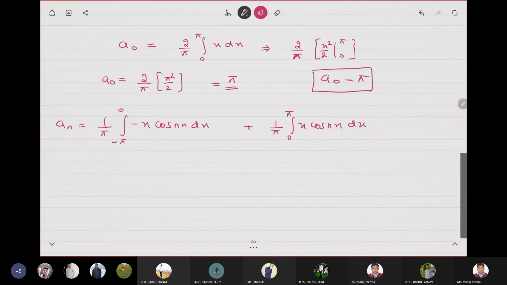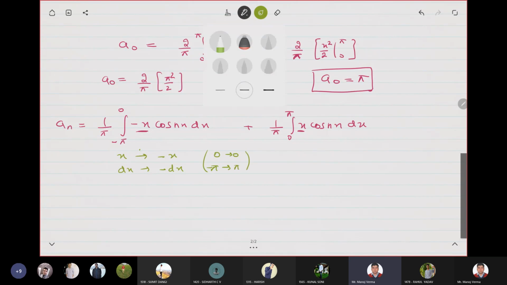The function has value minus x in this range and plus x in the range 0 to pi. Again, I will convert x into minus x in this first integral. dx will become minus dx, and the limits will change: 0 will remain 0, and minus pi will become pi.